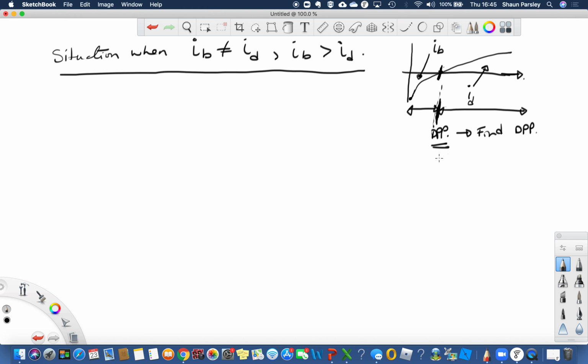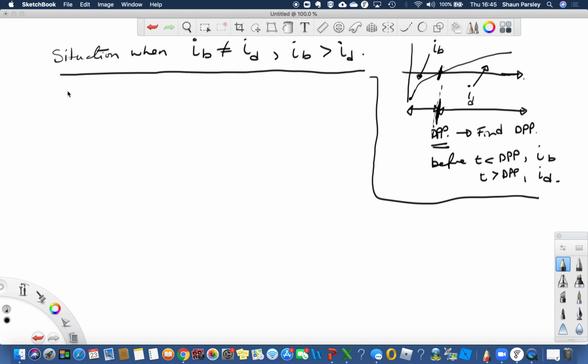And then you'll know before, I could have just put T less than DPP, that'd have been better. Use IB, where T is greater than the DPP. Use ID. Now we're going to talk about that in a little bit more depth here.